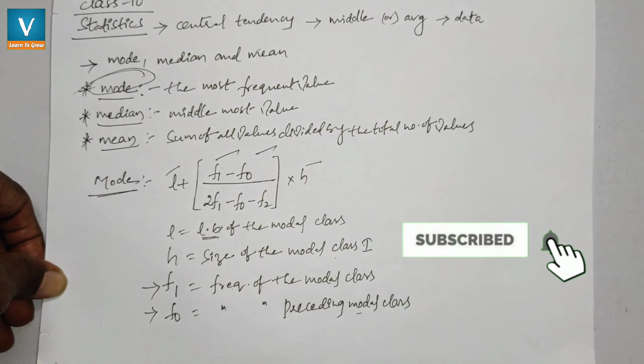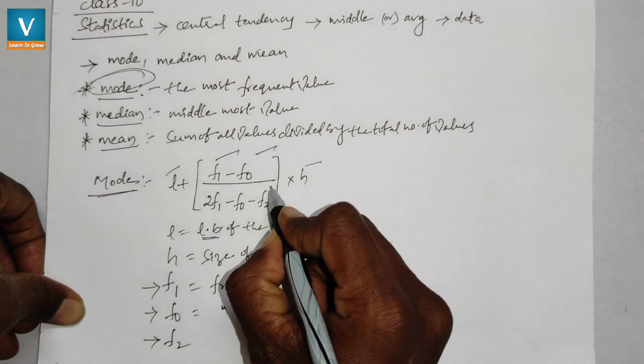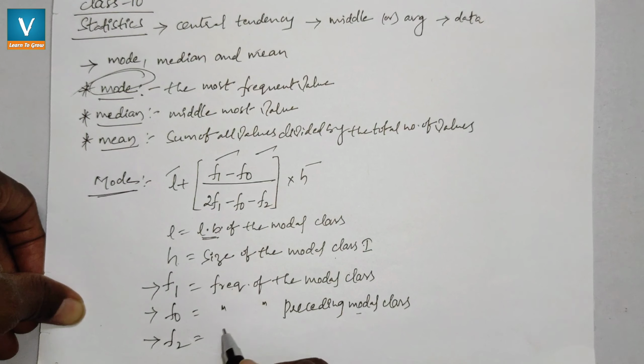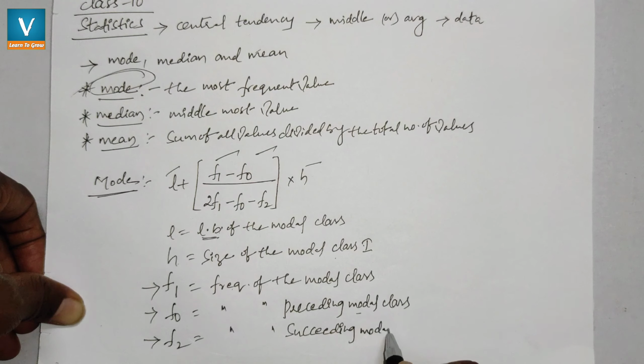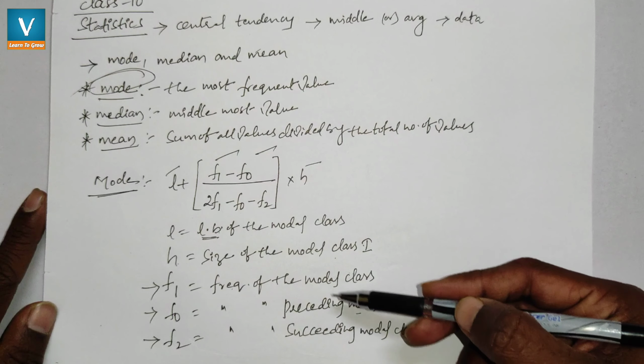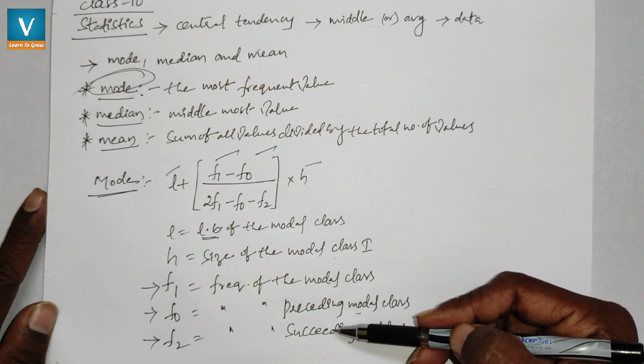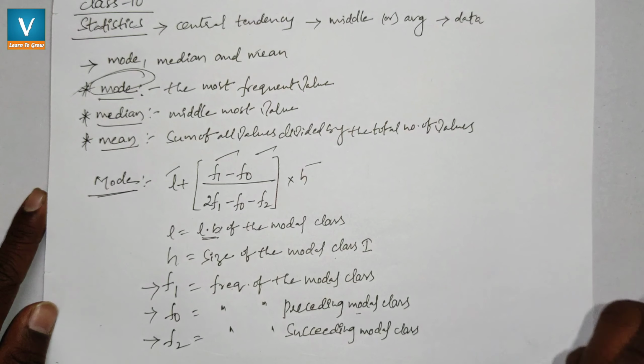And coming to F2, the last one, F2 indicates the frequency of the class succeeding the modal class. Preceding means before, succeeding means next. So the frequency before the highest is preceding, and the frequency after it is succeeding the modal class.